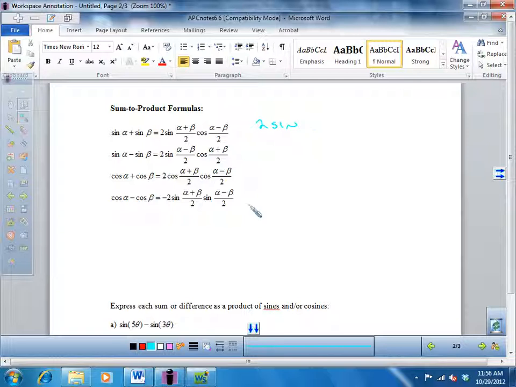So I'm going to get 2 sine of (A minus B)/2, which is 2 theta over 2, times cosine of (alpha plus beta)/2, which is just 8 theta over 2, which is 2 sine theta cosine 4 theta. And that's your final answer.